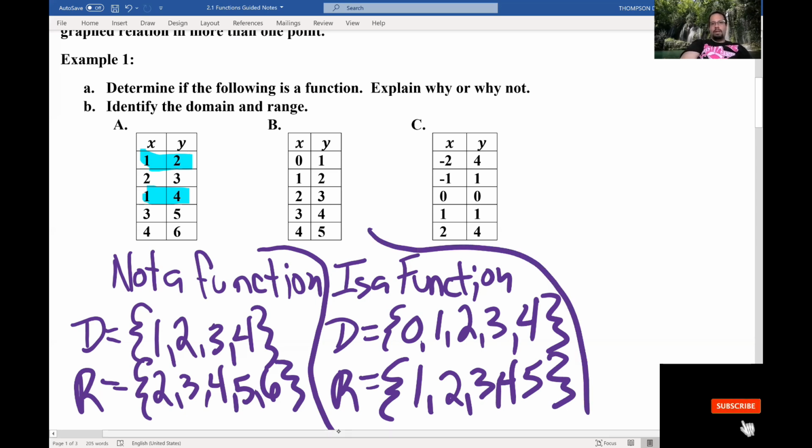For part C, we have -2, -1, 0, 1, and 2. We have 4, 1, 0, 1, 4. We don't have any repeated x values, so this is a function.